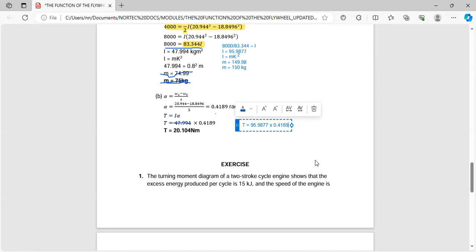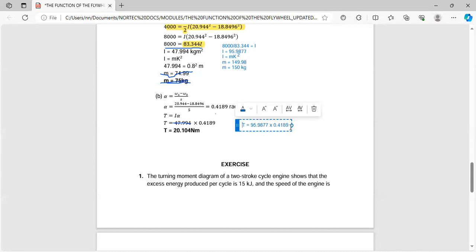The answer is 40.21. So that's our torque.